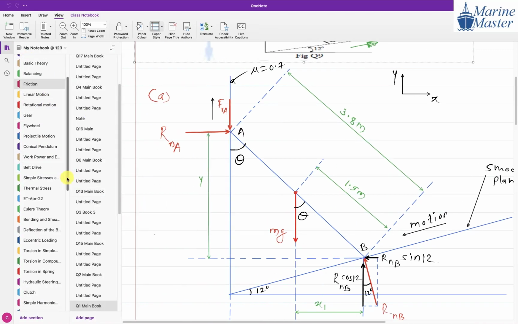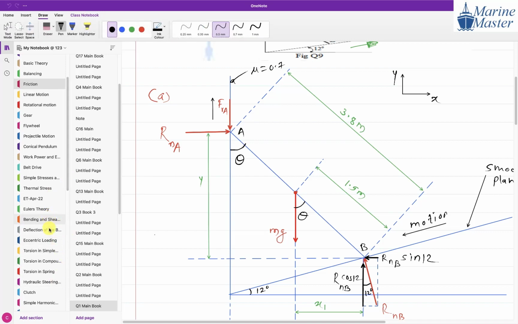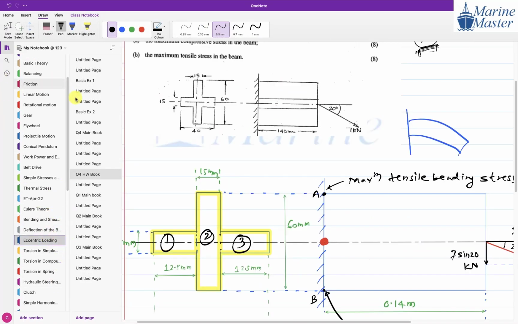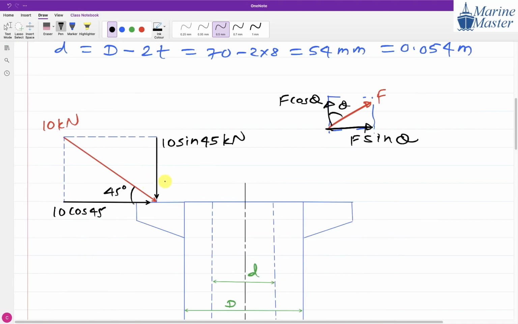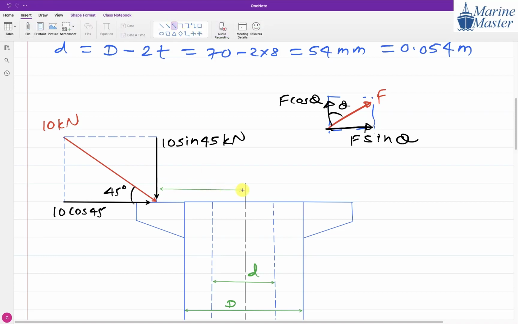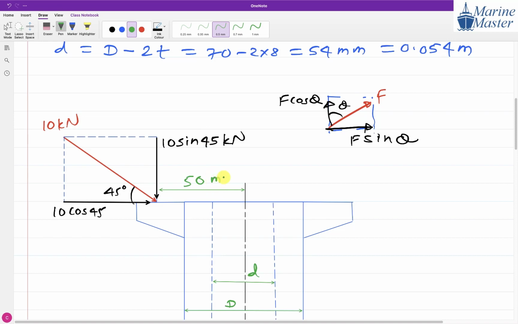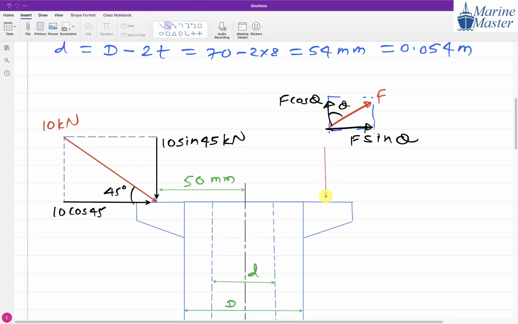So now I am coming back to our eccentric loading question. Here we have a component, guys. This distance, how much have they given us, everyone? 50 mm, 50 mm. Observe, guys. This distance is 50 mm. Then we have another force at the other side of the collar.